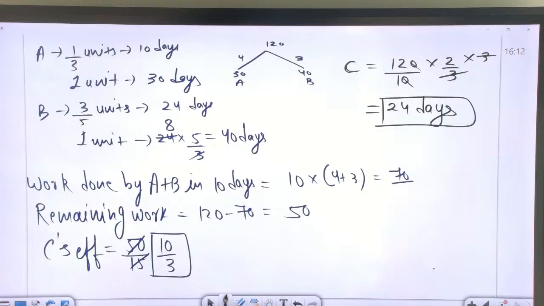C alone completed the remaining work in 8 days. A and C working together will complete the same work in how many days?